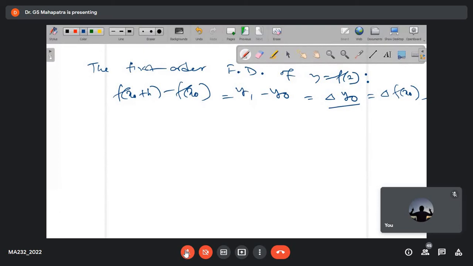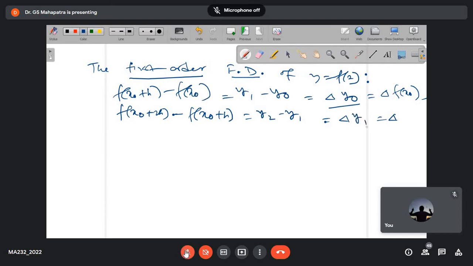So what is the first difference? First order forward difference. This is for the first two arguments only. Similarly you can find the next one: y2 minus y1, what will be the notation?